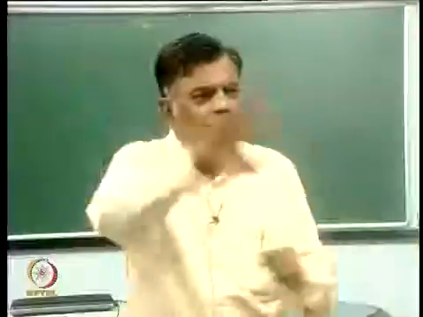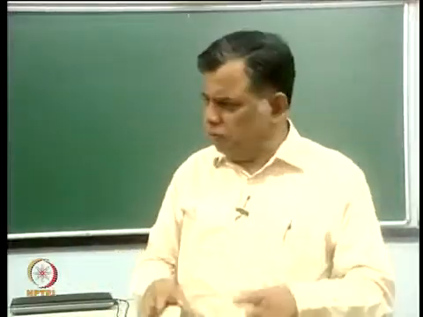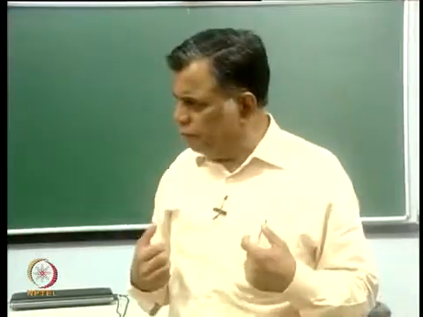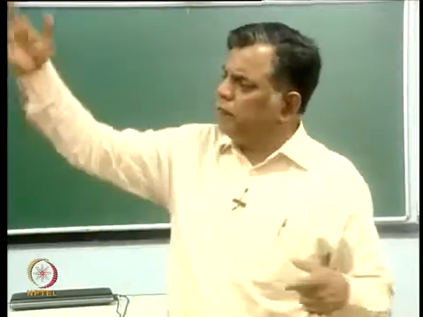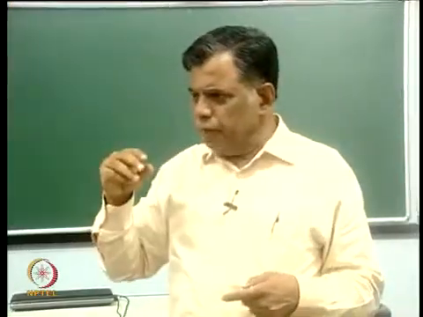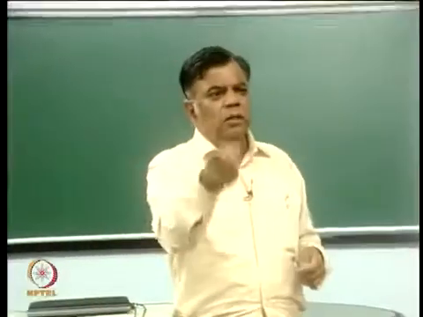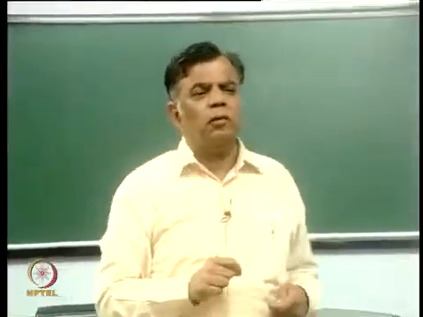You do not really care about the rest of the thing. I want dT by dy at y equal to 0. This is very important for me. dT by dy is there from y equal to 0 to y equal to delta, but I do not bother. dT by dy at y equal to 0, wall gradient. Now you go to the next. How do you get the wall gradient at y equal to 0?